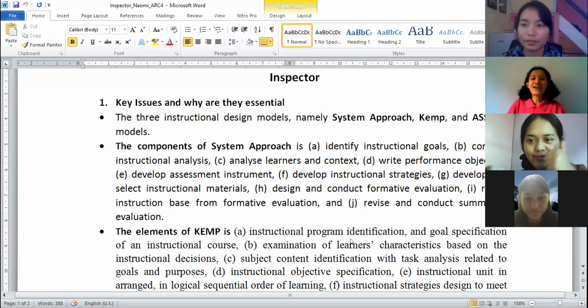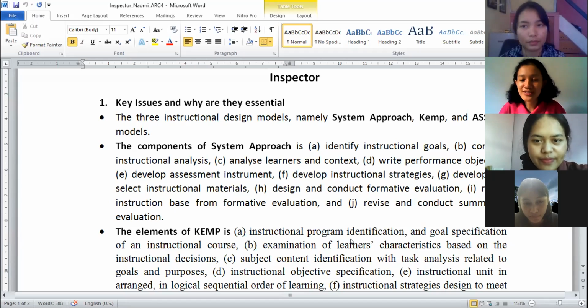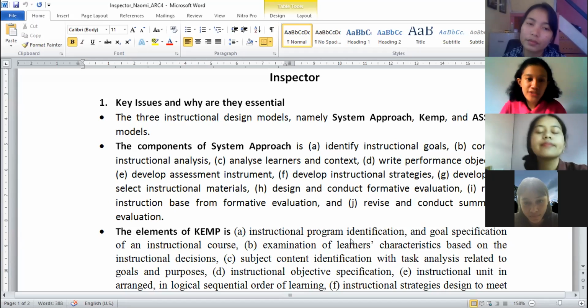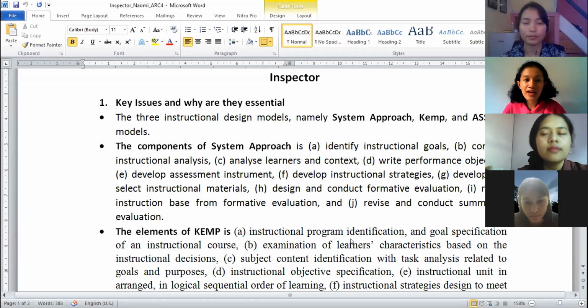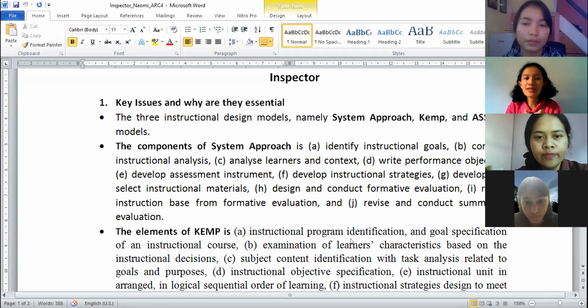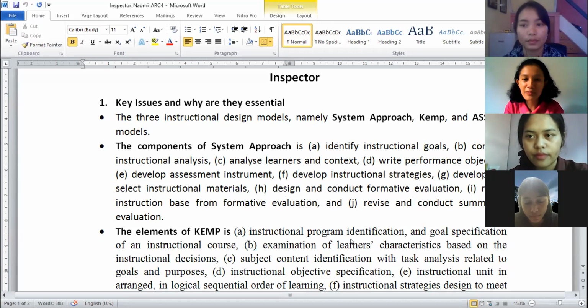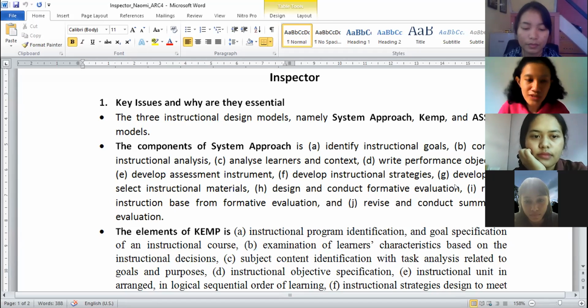Yes. Okay, so there are three questions for the inspector. The first one is key issues and why are they essential? There are three types of instructional design models, namely the system approach, CAM, and ASSURE models.